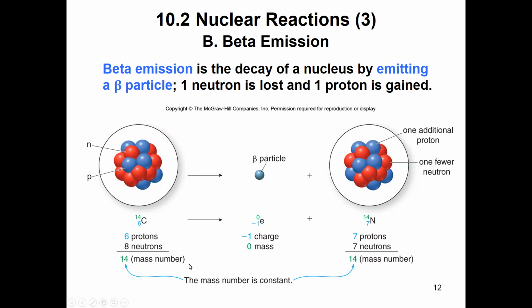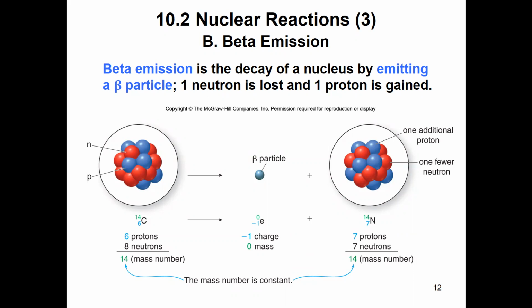And we see how the mass number is the same: 14 on the left, 0 plus 14 on the right. And the atomic numbers are the same on both sides, 6 on the left and 7 minus 1 is also 6 on the right. So that's how we balance this type of beta decay.